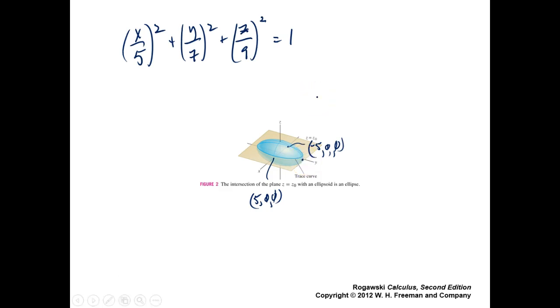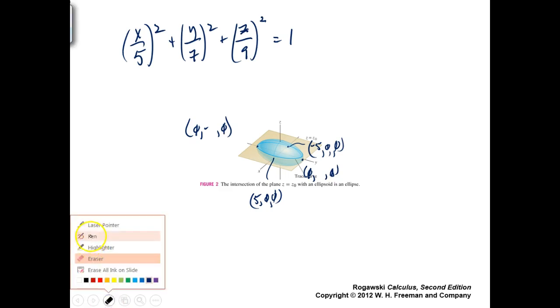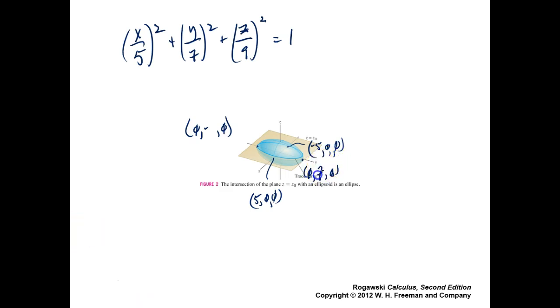This would be (0, 7, 0), and this one would be (0, -7, 0).